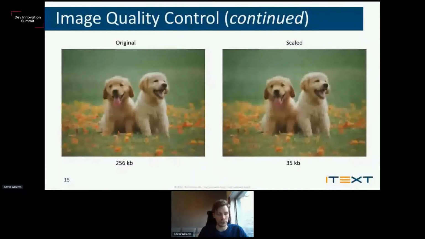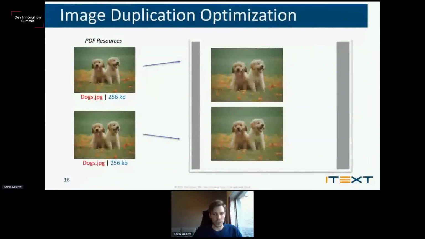And then one that is not often thought of. When PDF documents are created, there are different ways you can add images. Usually you don't have control over this. This is usually in control of the tool you are already using.